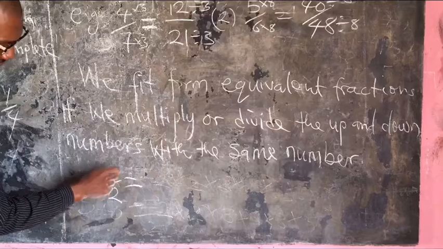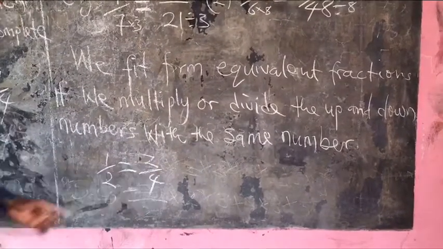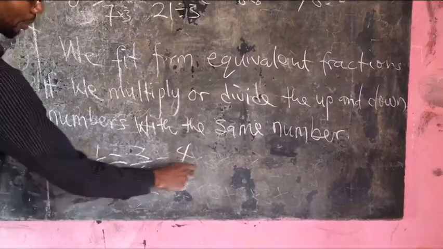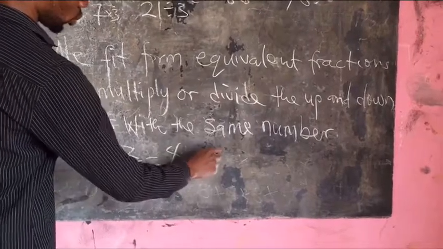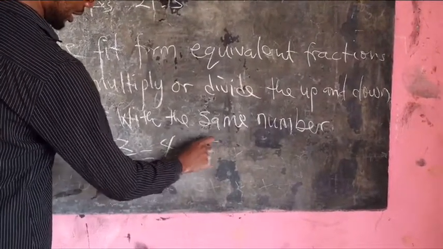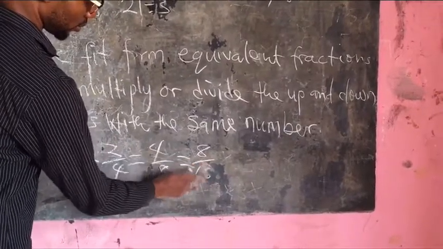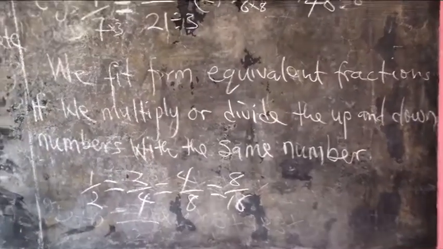So 1 times 2 is 2, 2 times 2 is 4. Now it's still the same thing. So if I times this one by 2, I will get 4, times this one by 2, I will get 8. Now the same thing. So if I times this one by 2, I get 8, and times this one by 2, I will get 16. So now we form equivalent fractions.